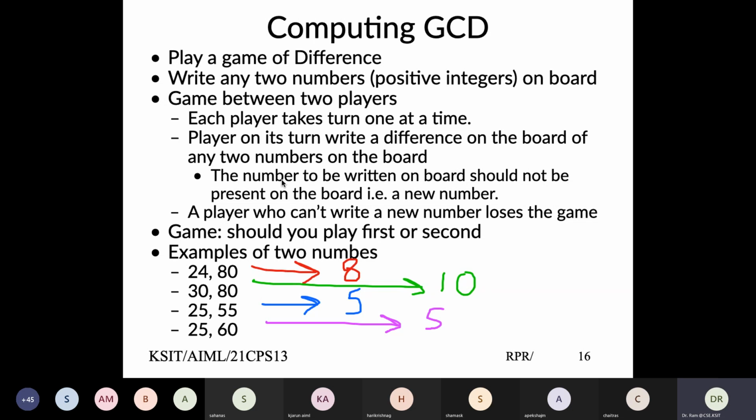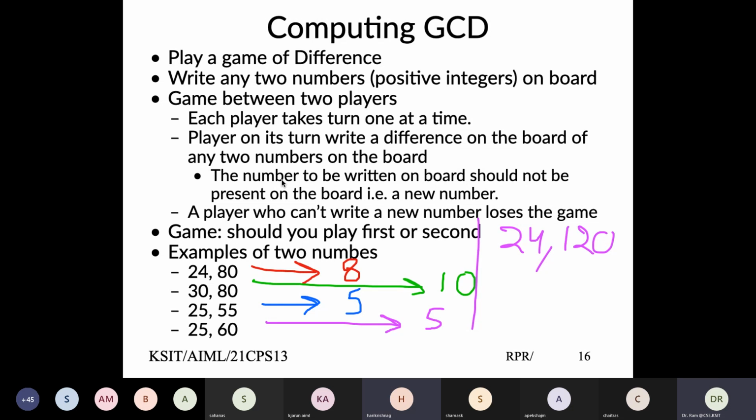No, okay. So let me change the number. Let's say my numbers are 24 and 120. What is the smallest number you will get? Can you quickly play and tell me? It will not be 12.